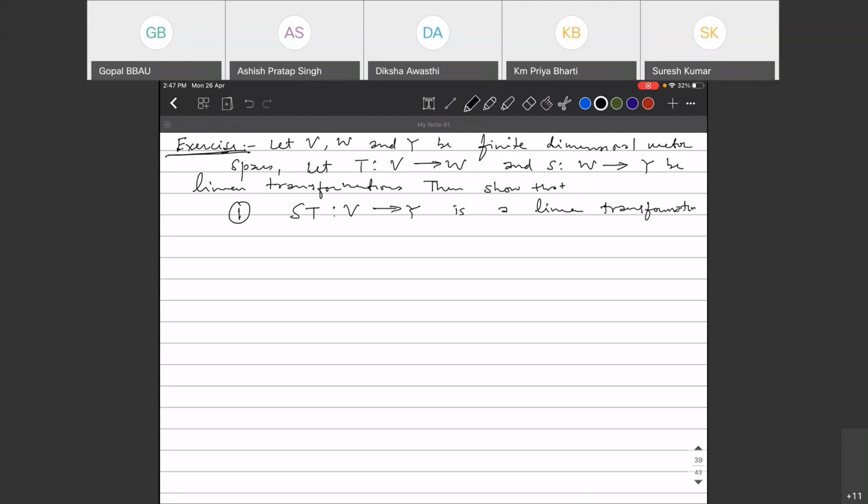This is easy to see, where ST of V is S of T V.